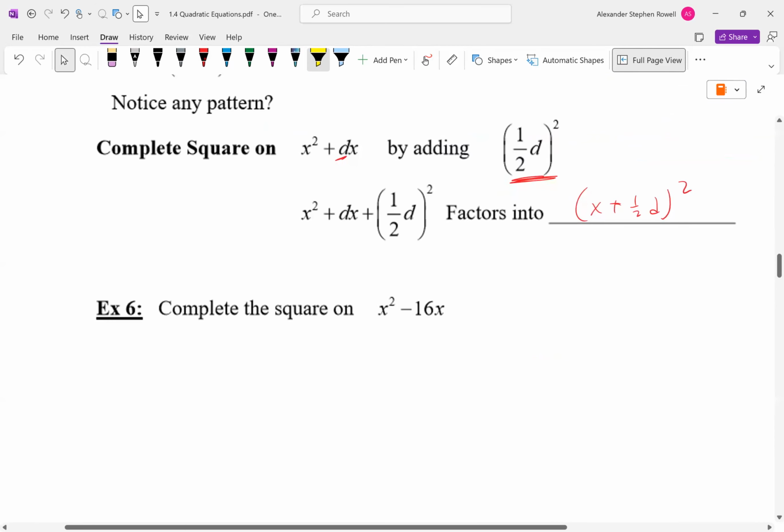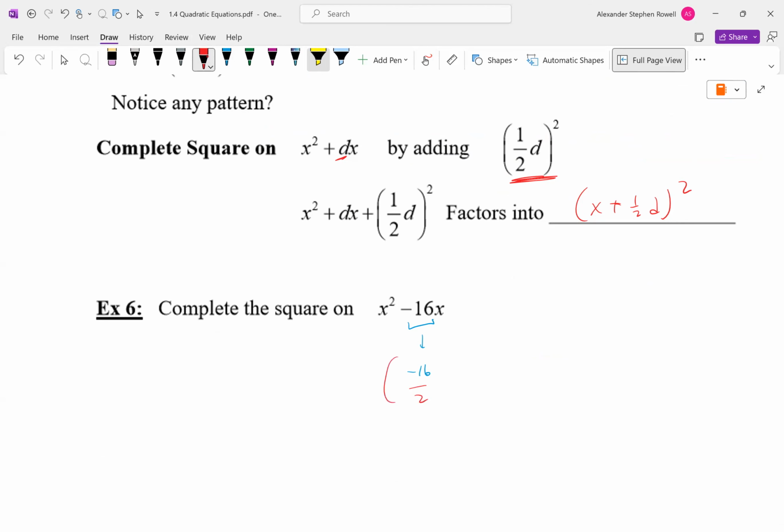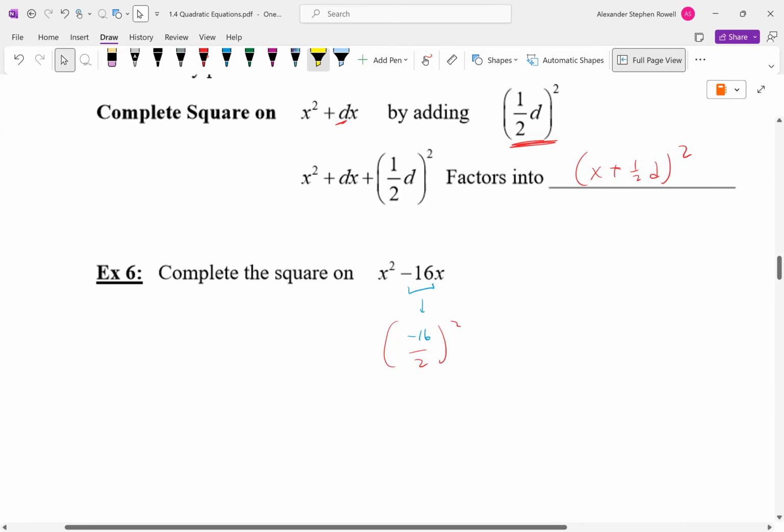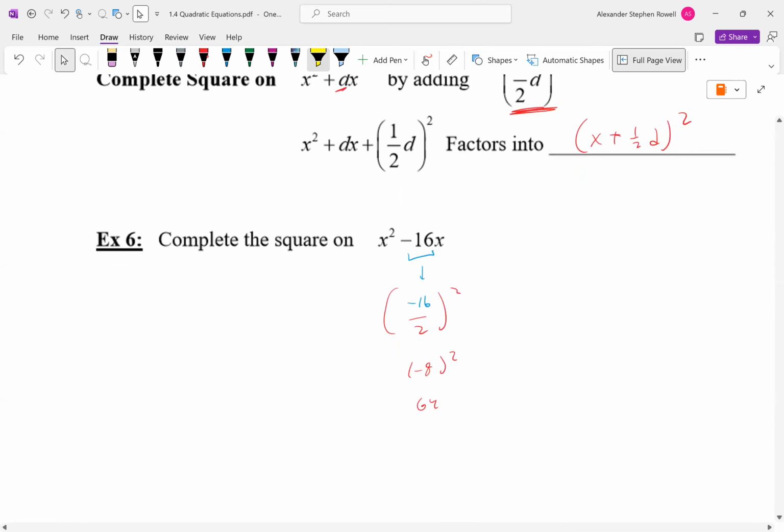So example 6, it says complete the square on this. Okay, so I take this number and I do what? Divide it by 2 and square it. So that gives me what? Yeah, negative 8 squared is 64.